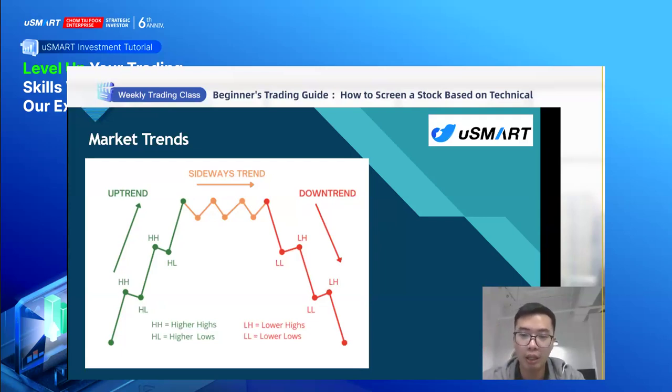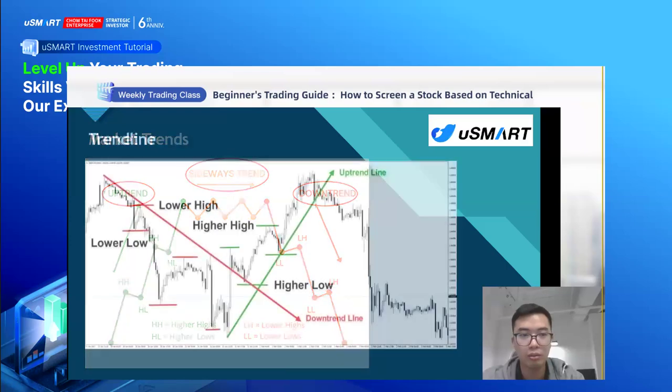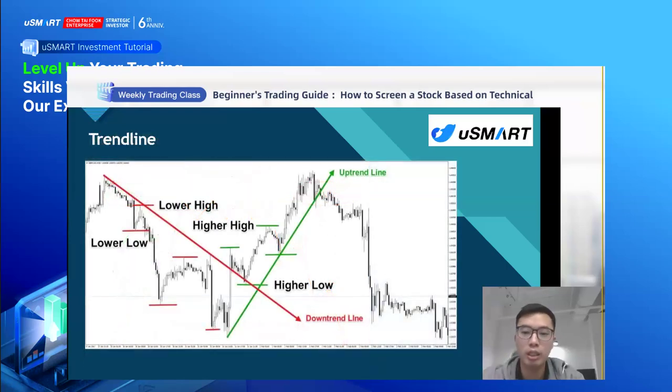So how can we determine the market trend? Usually, in order to look at the big picture, I will plot the trend in the higher time frame. The higher the time frame, the higher the probability of the trend direction.